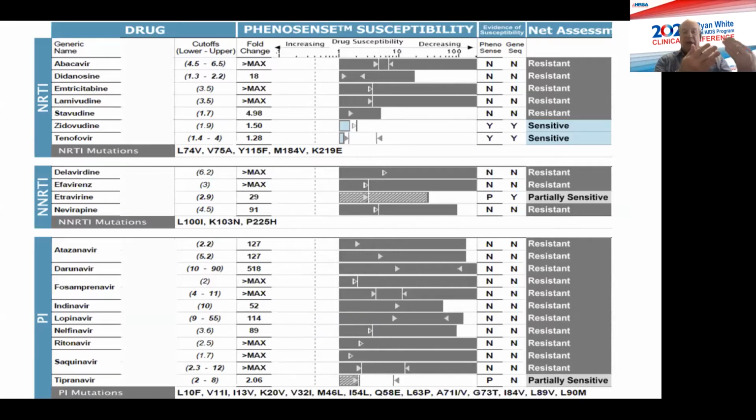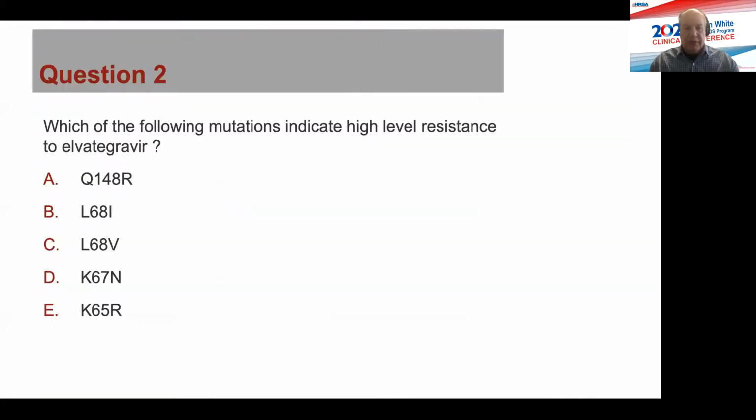The phenotype, which you see in the bars on the right-hand side here, is like a functional assay that looks at the activity of the drug when run against the production of virus and how much drug is required to shut the virus down. And here you can see that for the most part, it takes a lot of drug, and in a lot of cases that's unachievable from a pharmacokinetic standpoint.